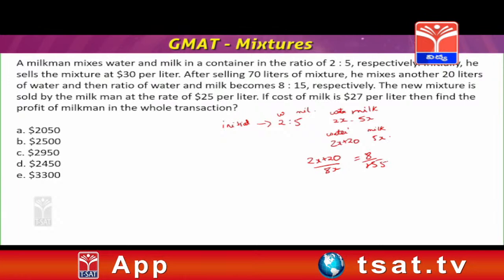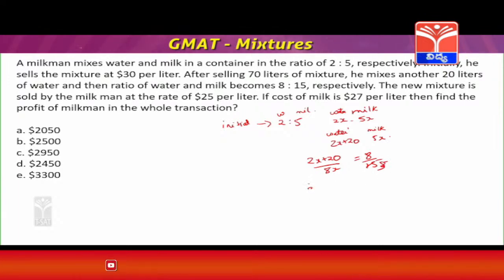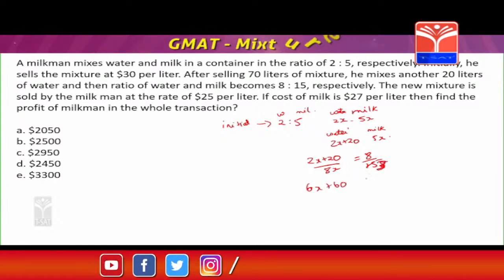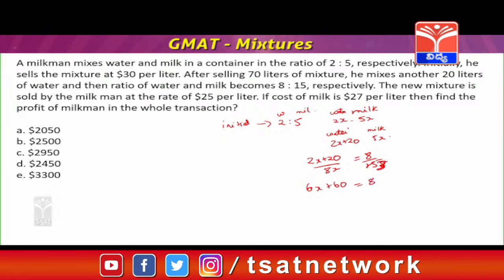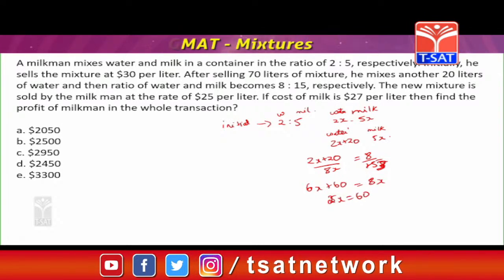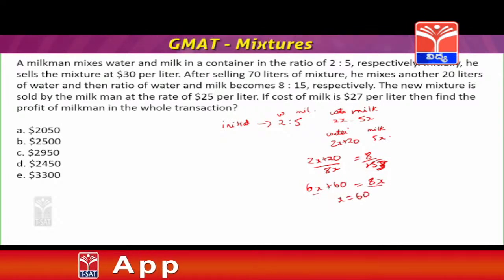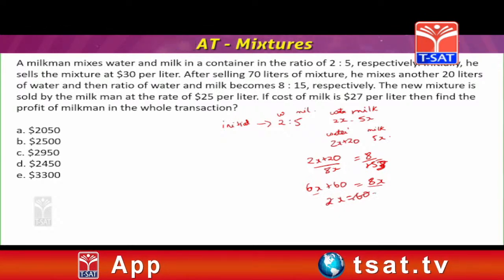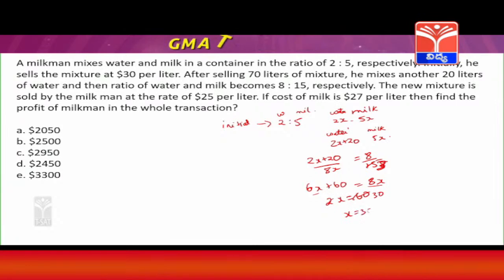Cross multiplying, 15 into (2x plus 20) equals 8 into 5x, dividing by 5, 6x plus 60 equals 8x. 8x minus 6x is 2x. So, 2x equals 60, x equals 30.